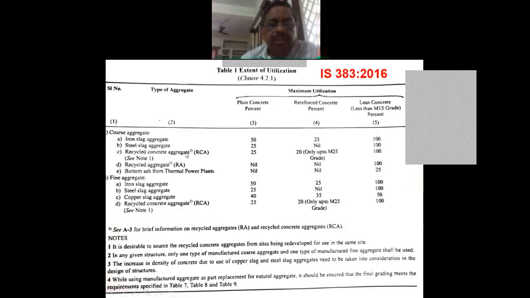These are the coarse aggregates, and in the same way fine aggregate can also be used in construction. So our IS code also recommends using this material as a construction material.